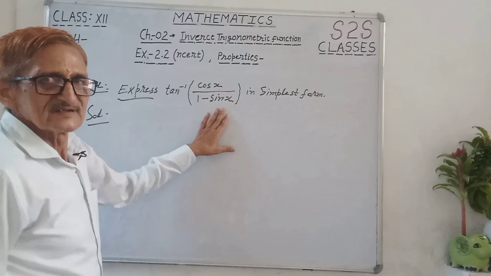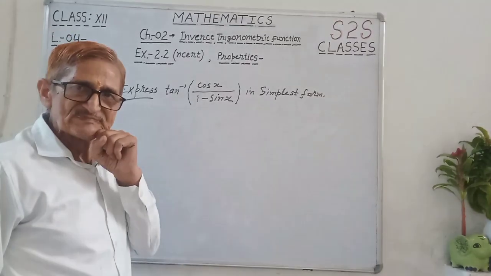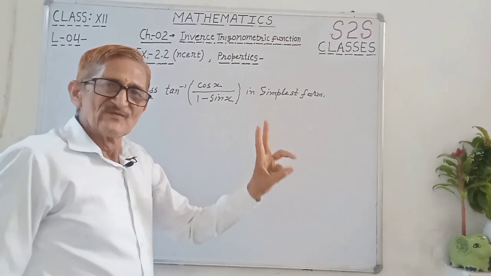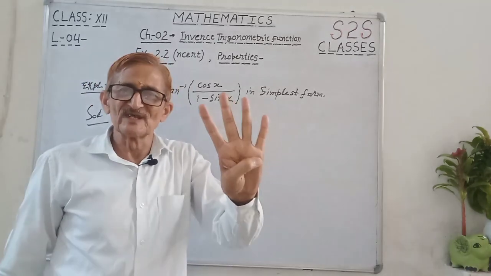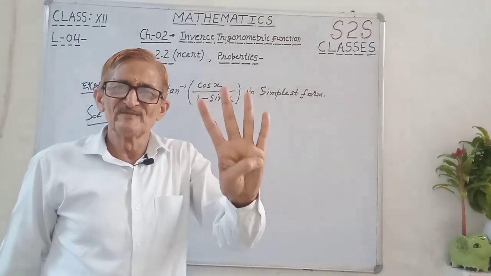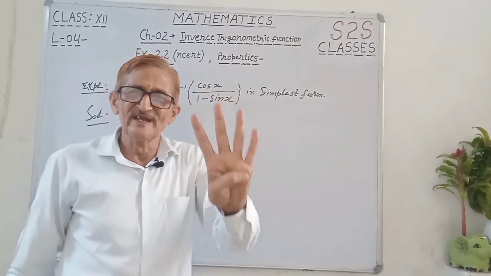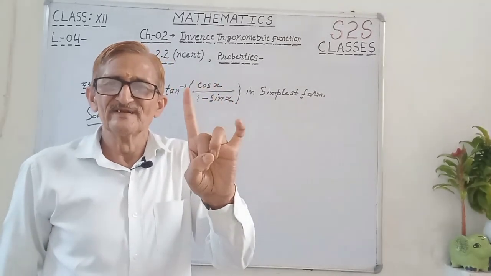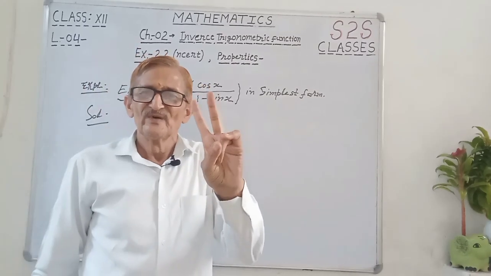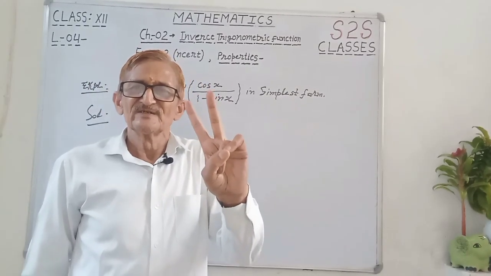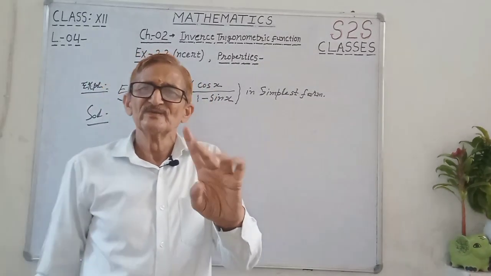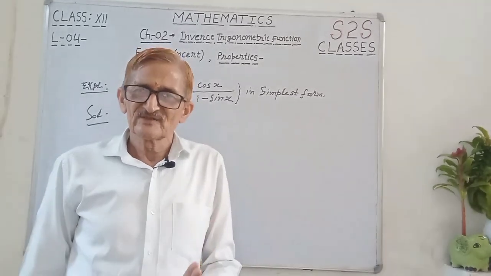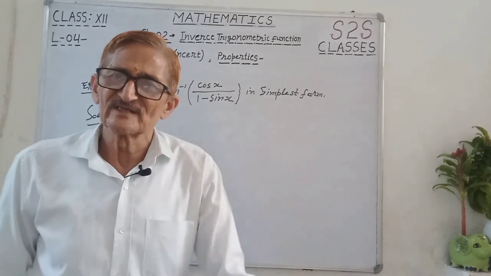How can we write the cos x value? I told you 4 values of cos x, and I am repeating them again. Number 1, 2 cos square x by 2 minus 1. Number 2, 1 minus 2 sin square x by 2. Number 3, cos square x by 2 minus sin square x by 2.